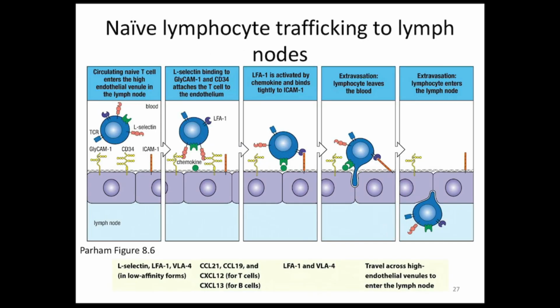In the case of our naive T cell going to the HEV, you can see that the HEV has a CAM called ICAM, while the naive T cell has an integrin called LFA1. So again, we've got the integrin on the same cell as the receptor, binding to the CAM on the HEV.